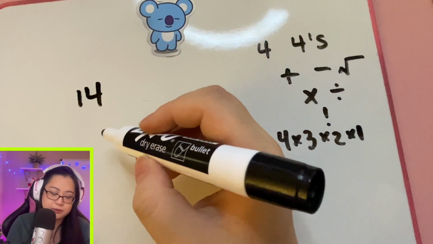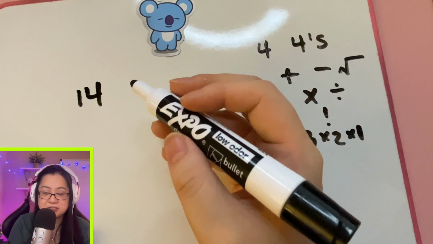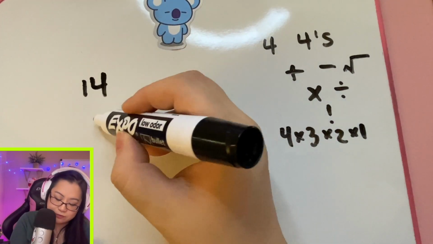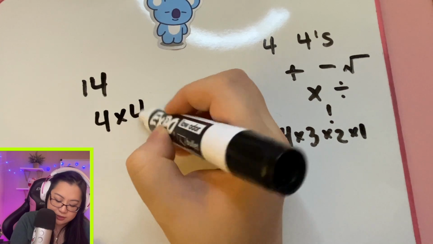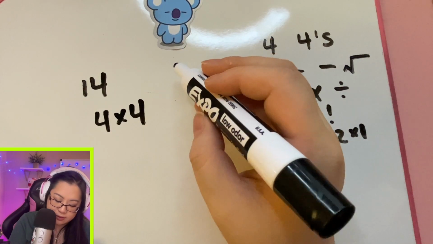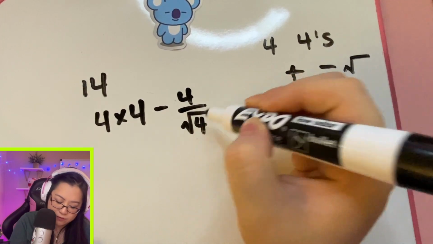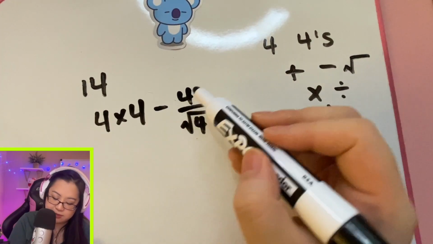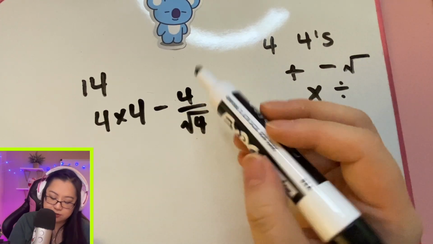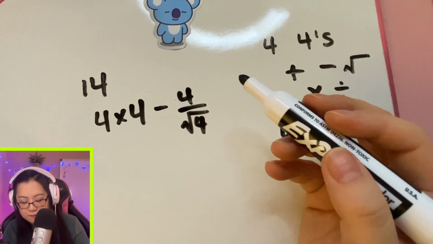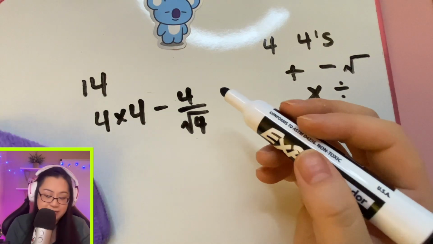I'm trying to just do this one at a time. So 4 times 4 is 16 minus 2. So I'll just do my classic 4 over root 4. 16 minus 4 over 2 is 2. 16 minus 2 is 14. Works for me.